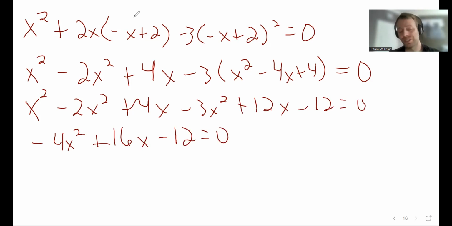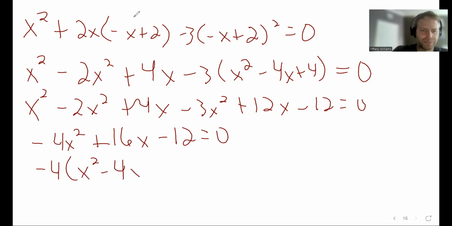So then from here, I would suggest factoring if you could, which we can. And just to make it easier for ourselves, I'm going to factor out a common factor of negative 4. And when you do that, you should get x squared minus 4x plus 3. Oh gosh, that is not a 0.